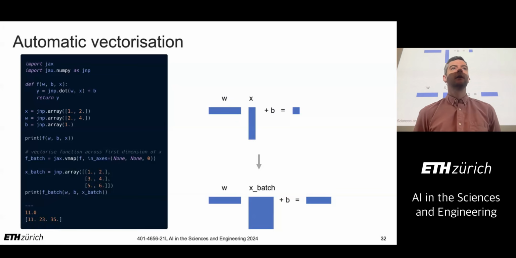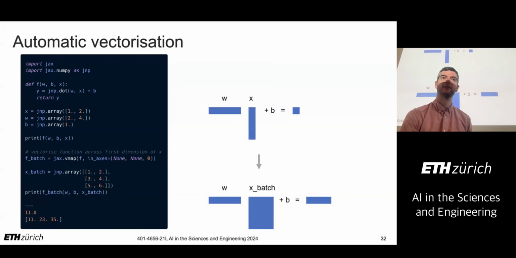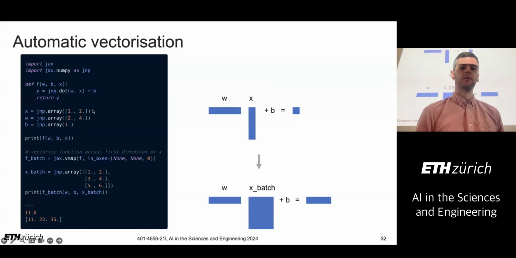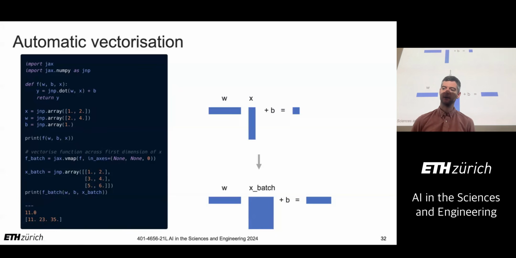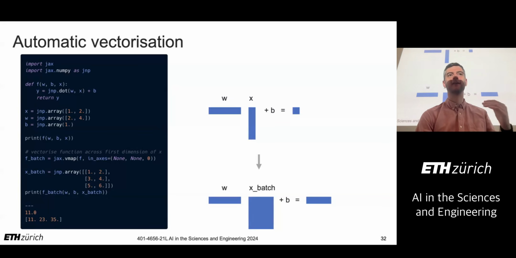So vmap can vectorize JAX NumPy functions. It can also handle if-else statements, where otherwise you would have to rewrite them. There are some subtleties which I don't have time to talk about, but one of the limitations of JAX is that the shapes of the output shouldn't depend on the values of the input.